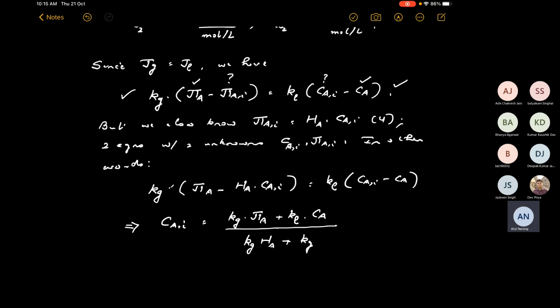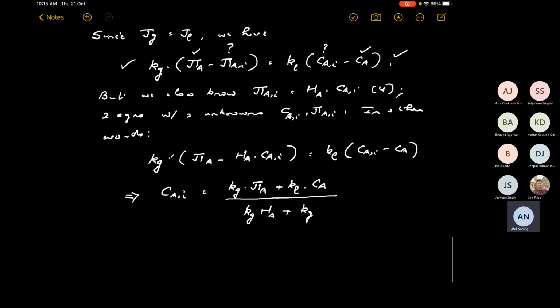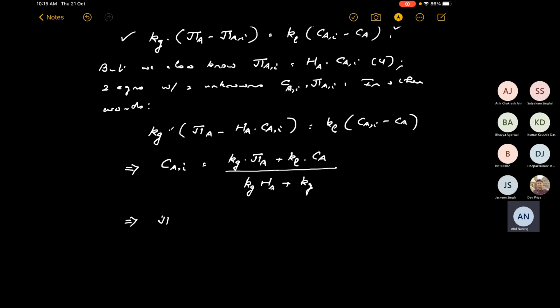Now, once you have CAI, then you can also find out what is pi AI. Of course, use the second equation, and this is nothing but HA multiplied by CAI. If you go through all the mechanics, you find that this is just HA multiplied by Kg pi A plus KL CA, divided by Kg HA plus Kg.